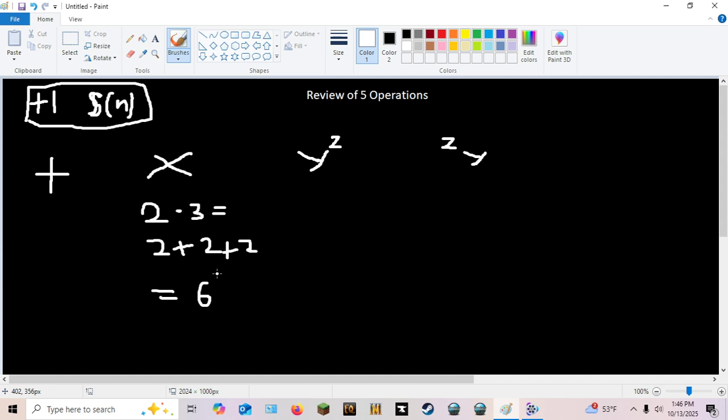If you want to say it in a different way, it equals 2 plus dot dot dot 2, which is 3 times.